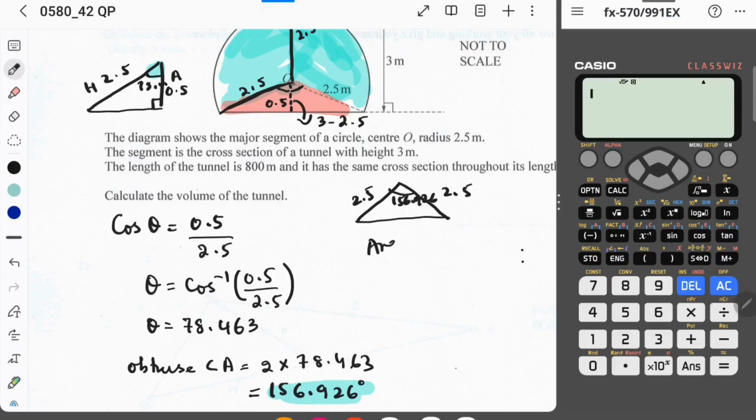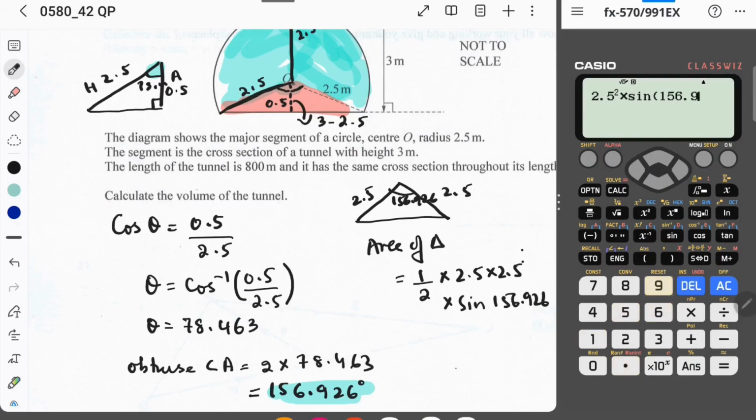So area of triangle is equal to half into 2.5 into 2.5 into sine 156.926. Alright, so this is 2.5 square into sine 156.926, bracket close.